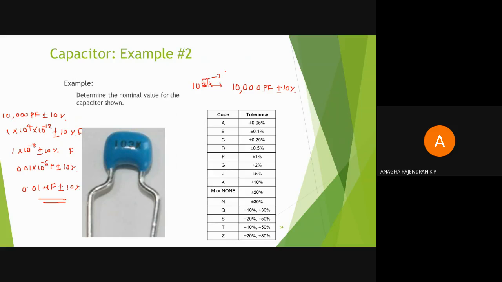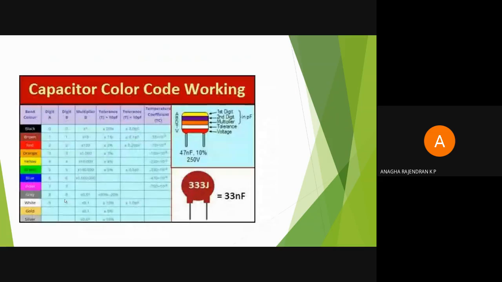This is the second and important method, the numerical coding method. And the third one is the capacitor's color coding method, which is similar to that of the resistor's color coding method. In a resistor, we know that there are four color bands. The first and second color bands indicate the first digit and second digit, the third color band indicates the multiplier, and the fourth indicates the tolerance value.